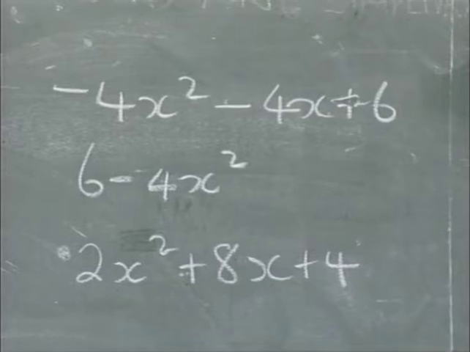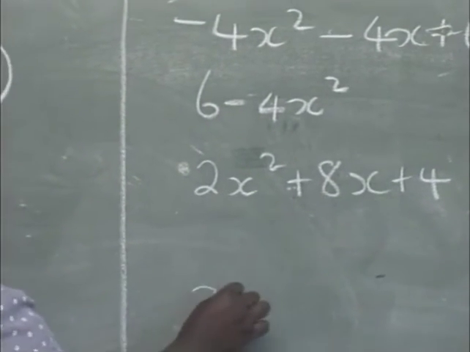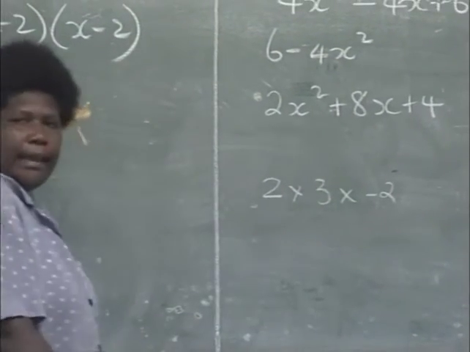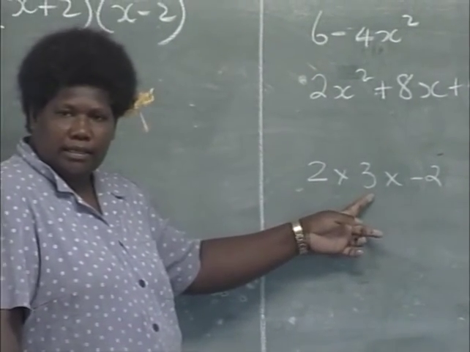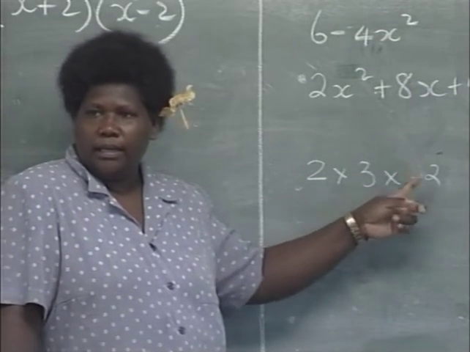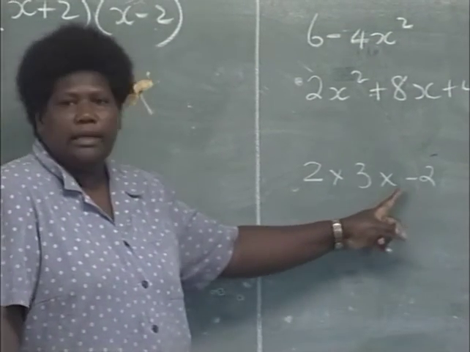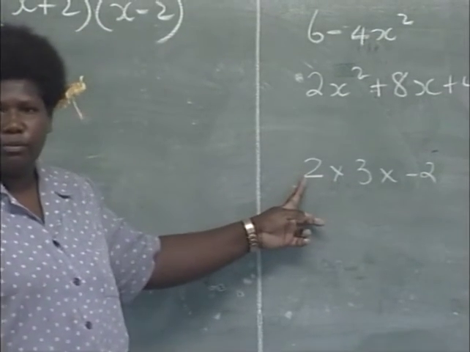All right, just like when you multiply numbers, let's say I multiply 2 times 3 times negative 2. I can either multiply 2 by 3, get the answer and multiply it by negative 2. Or I can multiply 3 by negative 2, get the answer, multiply it by 2.